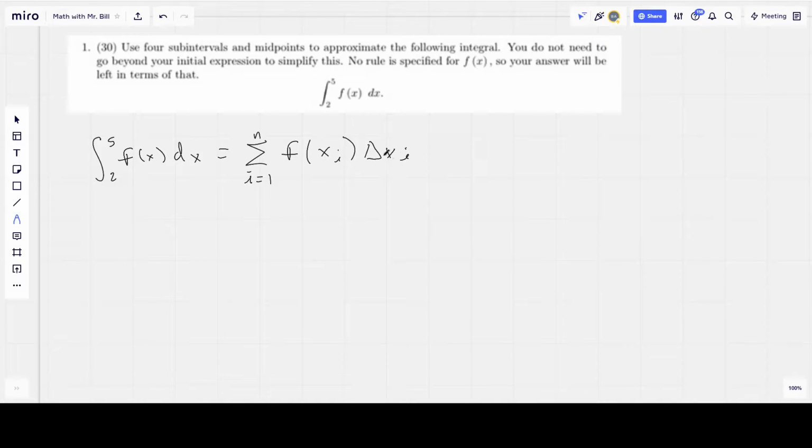In our case, our delta x sub i is going to be fixed. That's not going to change. So we could write this as the summation of the function at x sub i times delta x, where delta x is equal to b minus a over n. It's the right endpoint minus the left endpoint divided by the number of subintervals.